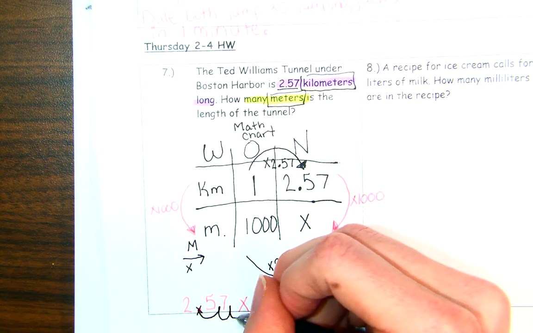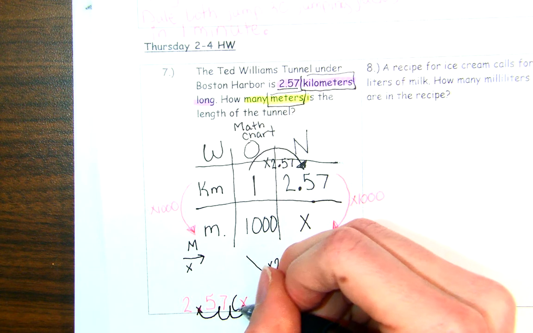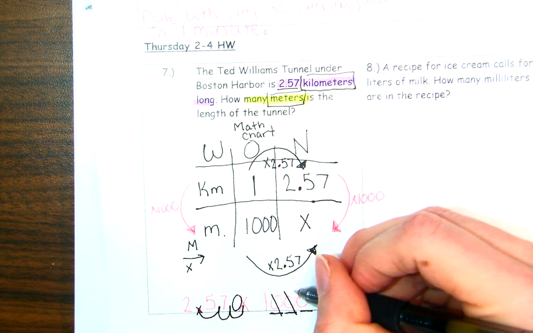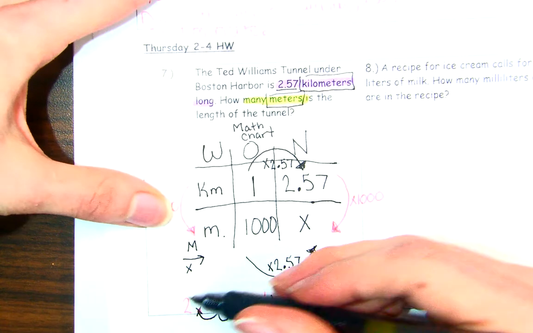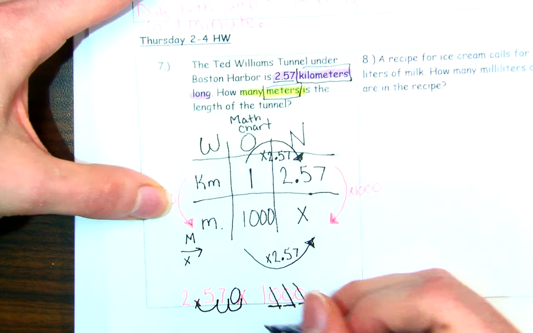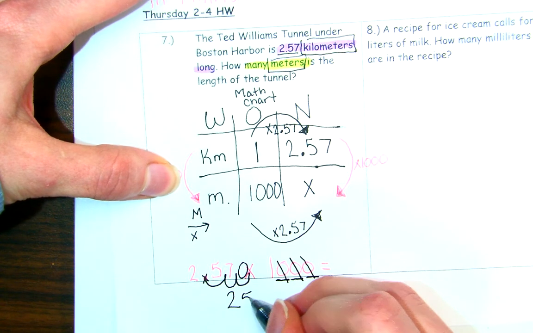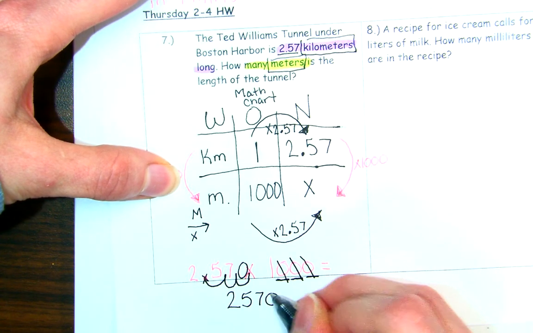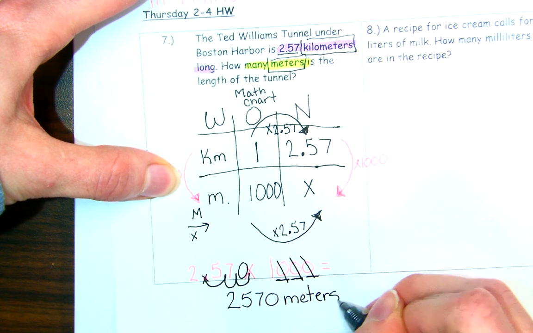But now I need to move my decimal 3 times because I need to multiply by 1,000. So mentally, I just did my multiplication, and 2,570 meters would be my final answer.